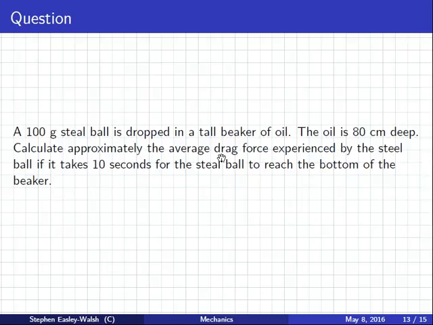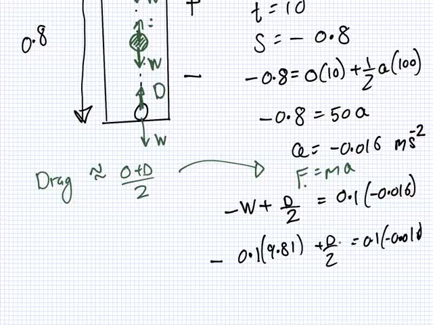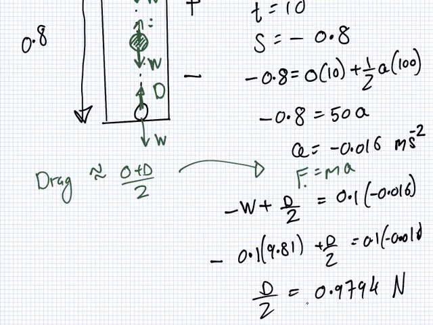The average drag. So that's the D over 2. So D over 2 equals 0.1 times minus 0.016 plus 0.1 times 9.81. So this comes in at 0.9794 newtons.